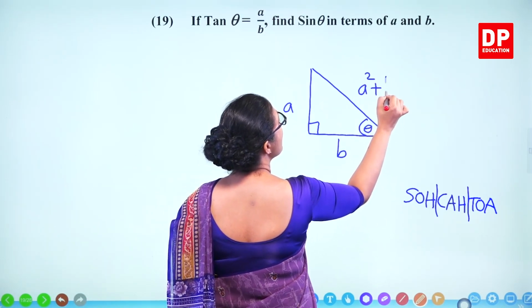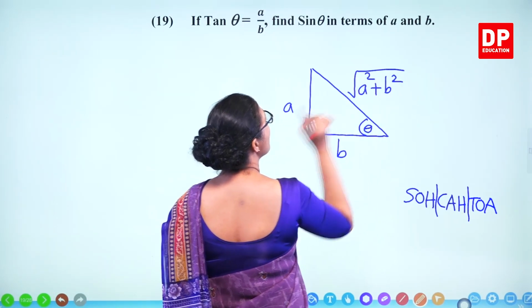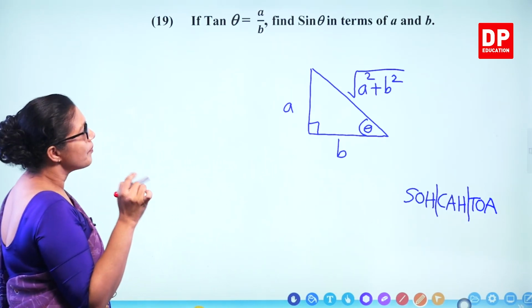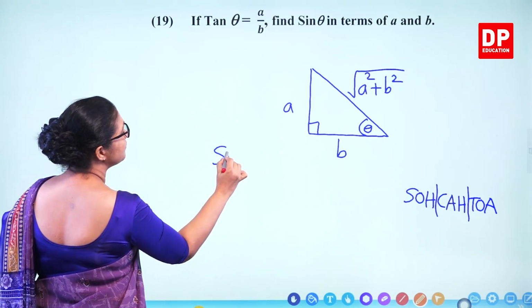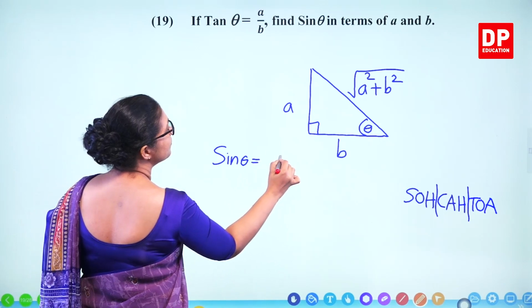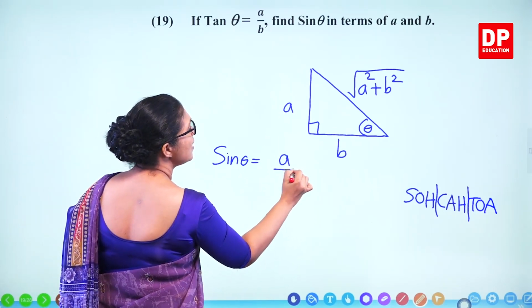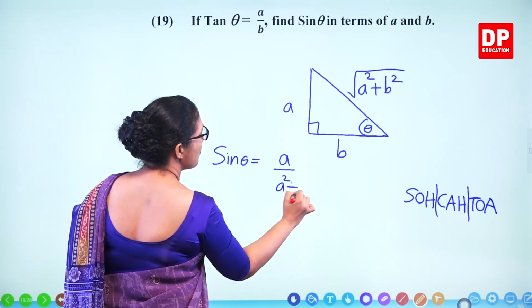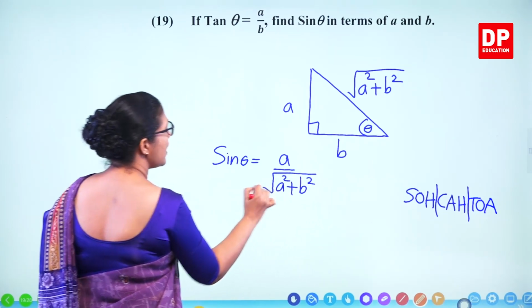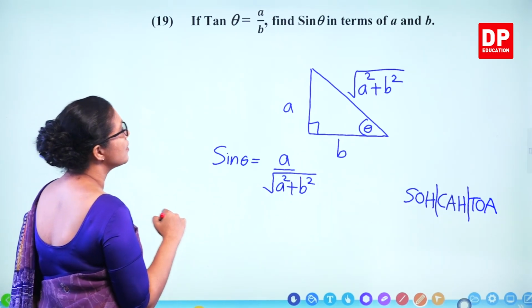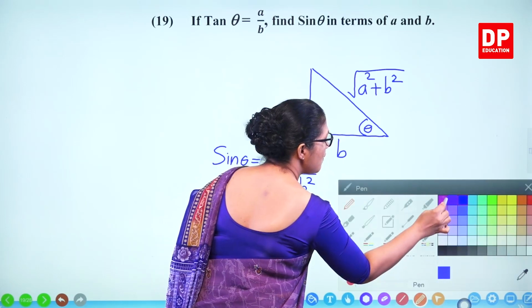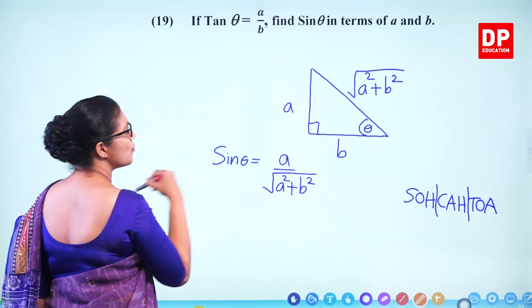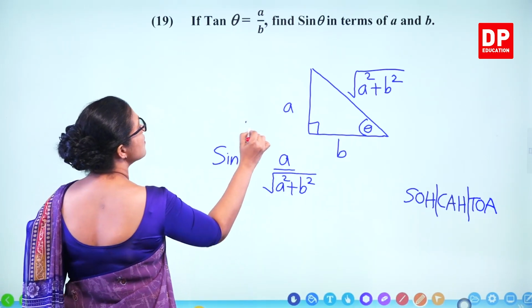A squared plus B squared and take the square root. That's the hypotenuse. So what is sin theta? Opposite over hypotenuse. A over the square root of A squared plus B squared. So you are asked to give in terms of A and B. So you can keep the answer like this. 2 marks.